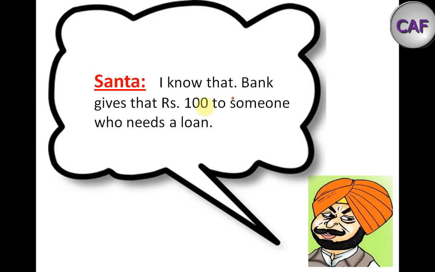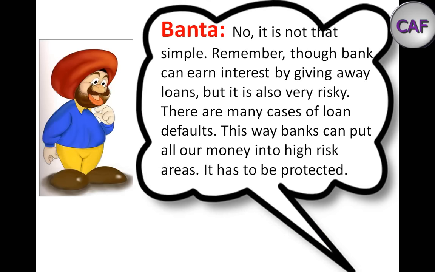Santa says, I know that the bank gives that 100 rupees to someone who needs a loan. Everyone knows about this basic definition. But guys, actually there are certain threads running in the background. So Banta will explain how his definition is different from Santa's. Banta replied, no, it is not that simple.